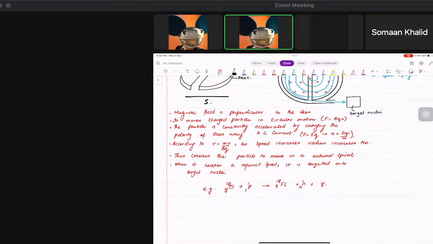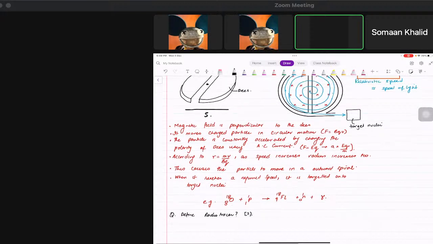Now, if they say in a question, define radio tracer, how do you write for 2 marks? Please write this, and then we're going to end this class, and we're going to do detection and reconstruction of image much later. Okay. So in this example, oxygen is the target nuclei, right?